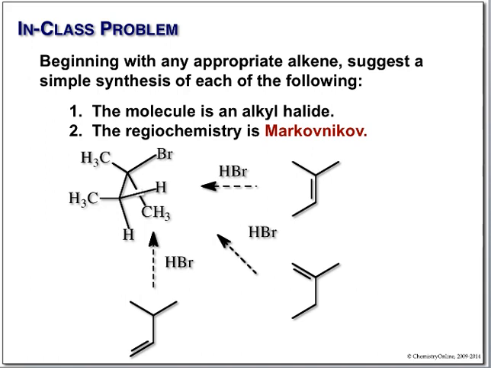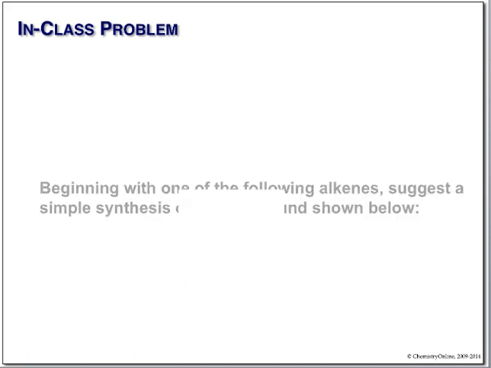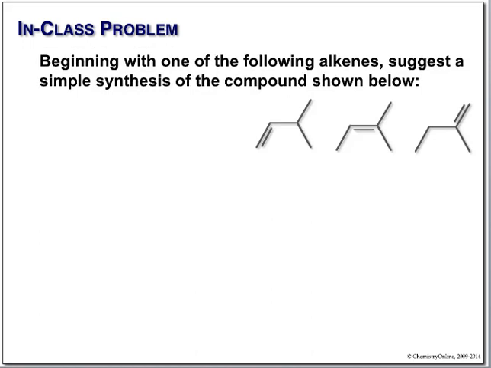Another way that these questions appear on exams is in this format. Here I give you an assortment of compounds, and I give you a target, and I say, pick one of these guys and make this compound.